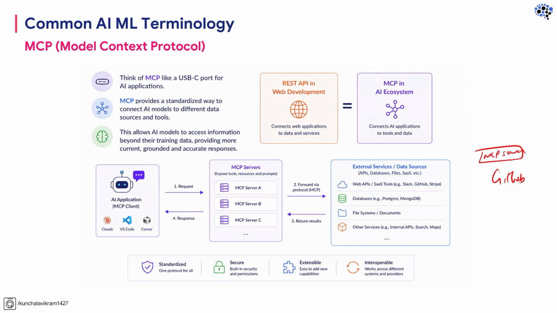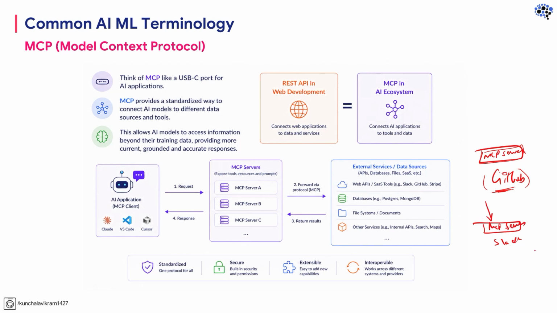Probably it is hosted somewhere, and you can also run it locally on your machine. Every tool or external service, like a database or anything else, has an MCP server. So when anything changes in GitHub, like the REST API models, they'll just release a new version of the MCP server. For example, for Slack there is an associated Slack MCP server. So what you have to do is just talk to the MCP server.